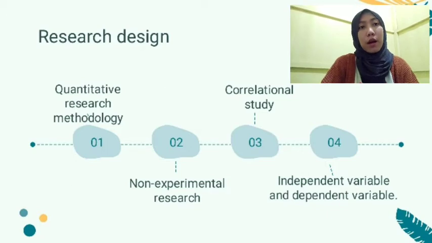There are 2 variables in this research, independent variable and dependent variable. The independent variable in this study is students' vocabulary mastery, and the dependent variable in this research is students' reading comprehension ability.